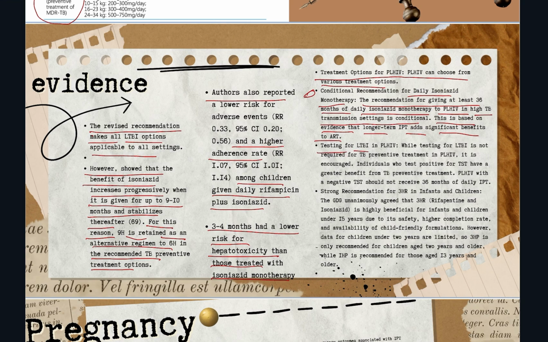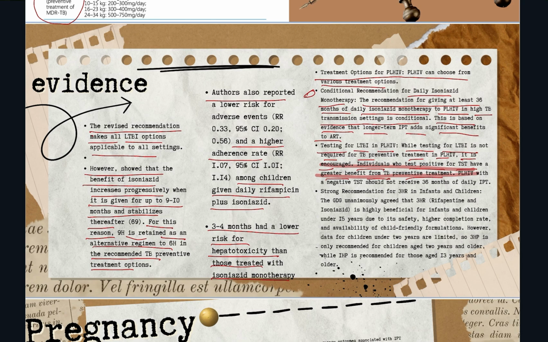Testing for latent TB in people living with HIV. While testing for latent TB is not required for TB preventive treatment in people living with HIV, it should be encouraged. Individuals who test positive for TST have a greater benefit from TB preventive treatment. So they are not recommending it, but if you're doing a test and it's coming out positive, then it's a greater benefit for the patient.